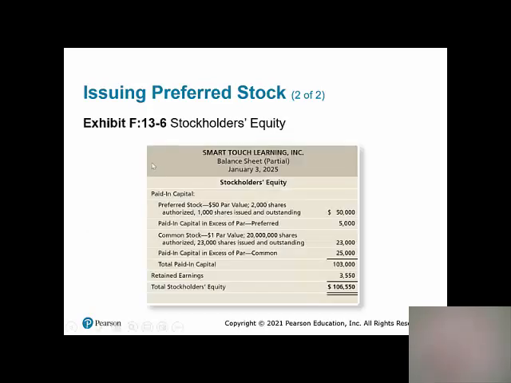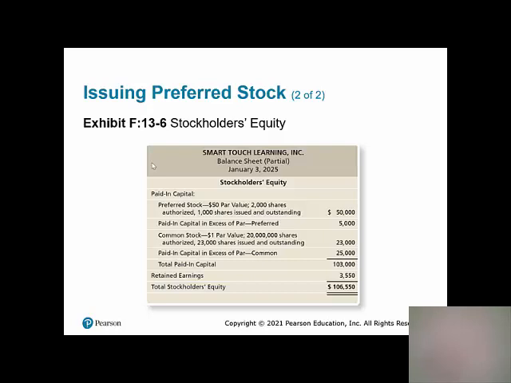Now we'll look at stockholders' equity for Smart Touch Learning after issuing the preferred stock. If you notice in the stockholders' equity, preferred stock is actually going to be listed first before the common stock. The reason why is because, as we said earlier, preferred stock has preference over common stock to the assets upon liquidation. So it's just convention that they're shown first.